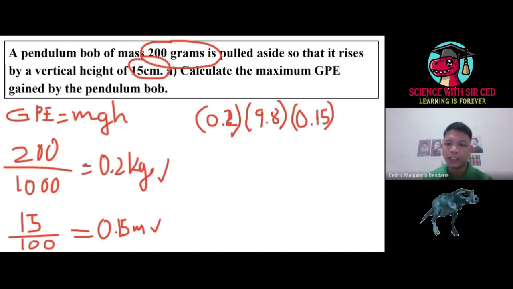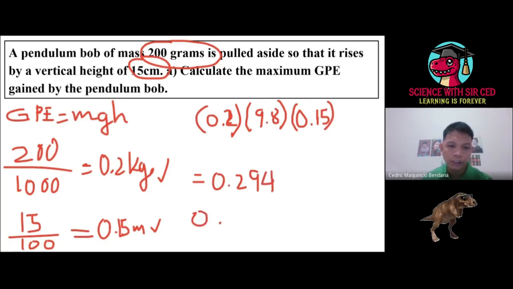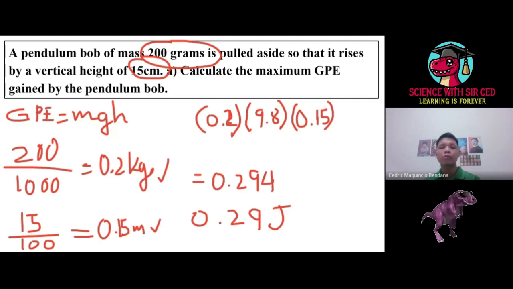Okay, let's use our calculator. 0.2 multiplied by 9.8 multiplied by 0.15. What will be your answer? Your answer will be 0.294 or 0.29. What is the unit? Joules. 0.29 joules.